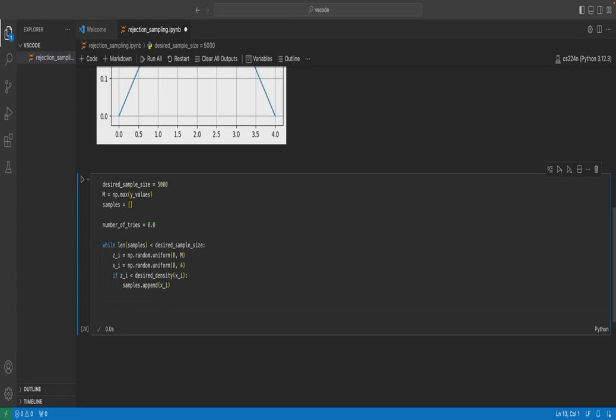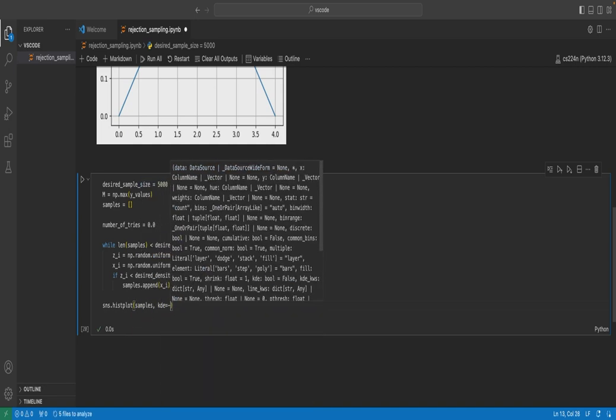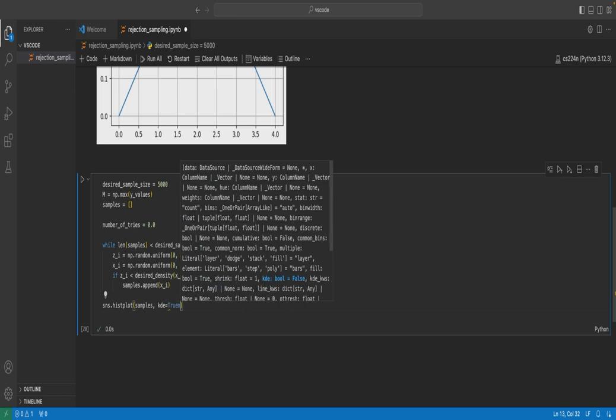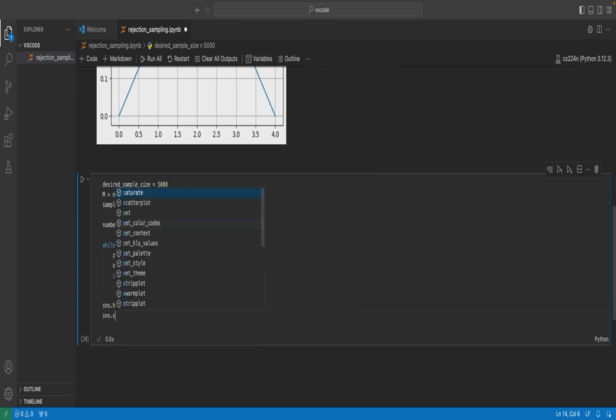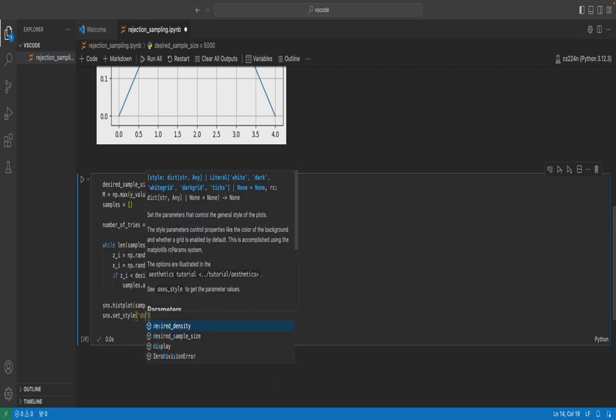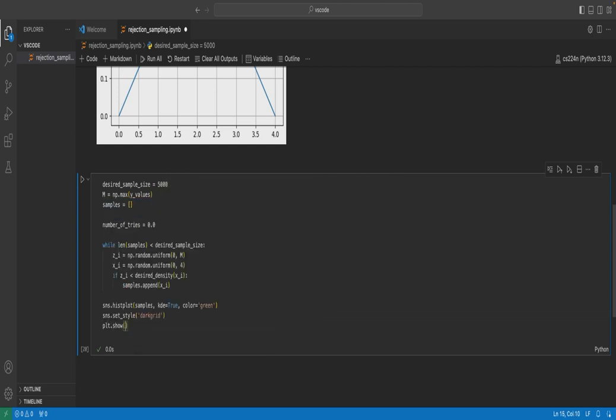Now, after all of this, what we'll do is plot a histogram of the samples. We'll set the kernel density to true, and we'll make the color green. We'll do a grid, let's do a dark grid, and we'll do plt.show.